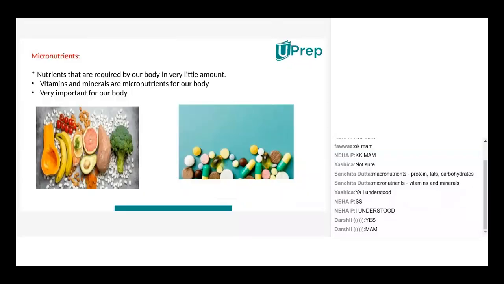Potassium. Okay, this is a mineral. Very good. Potassium is a mineral and it is a micronutrient. Any more micronutrients that you can name? Vitamins and minerals, of course, but which vitamins and minerals?